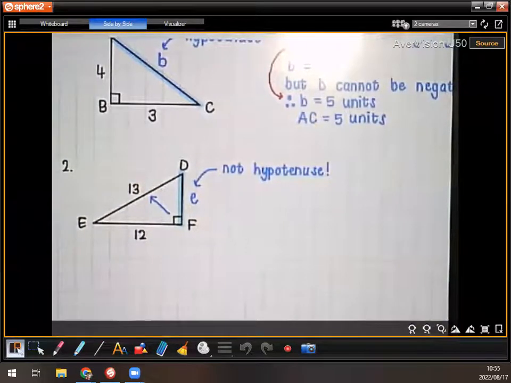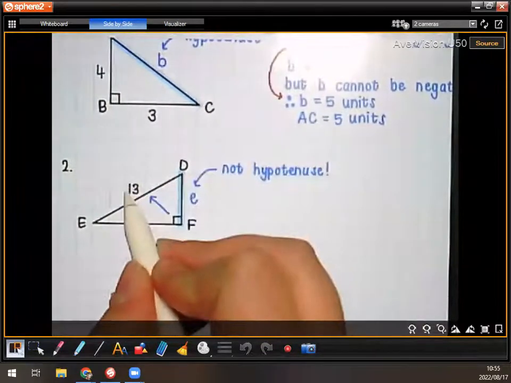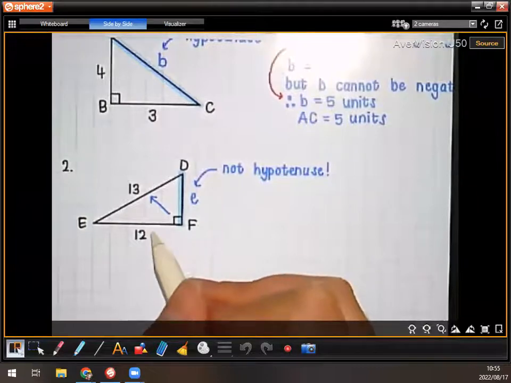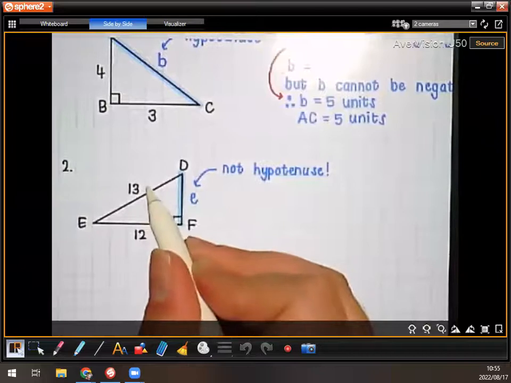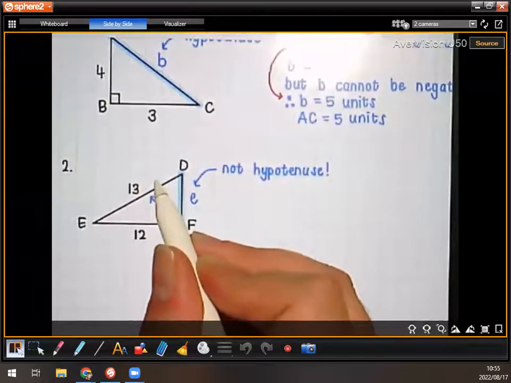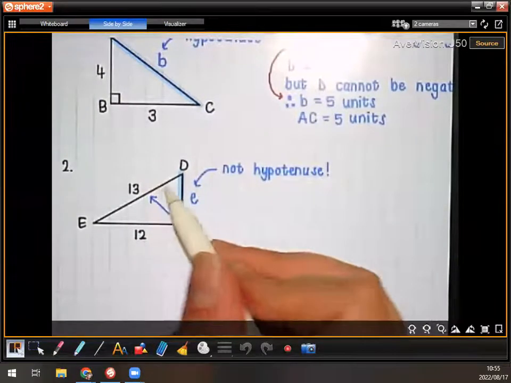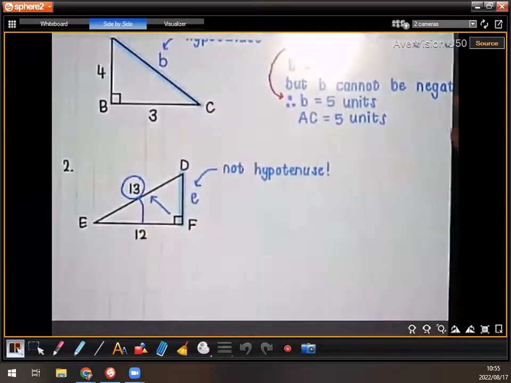13 has to be the longest side. So guys, when you are finding a side that's not the hypotenuse, you always are going to take the hypotenuse squared minus the other side squared. Okay? When you are finding a side that is not the hypotenuse, so e has to be shorter than 13, so I can't plus. I'm going to have to minus. I'm going to write it down now.